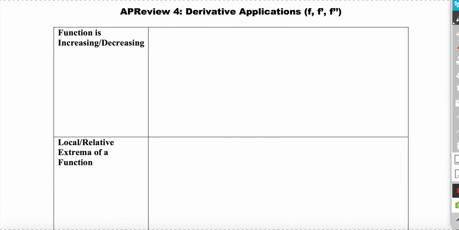First, we need to remember what it means for a function to be increasing or decreasing, all right? Well, function, in this case, let's just refer to f, but whenever we're talking about a function, it could be any name, right? We could say f is increasing when f prime of x is positive.